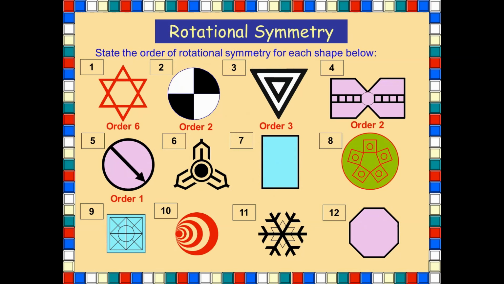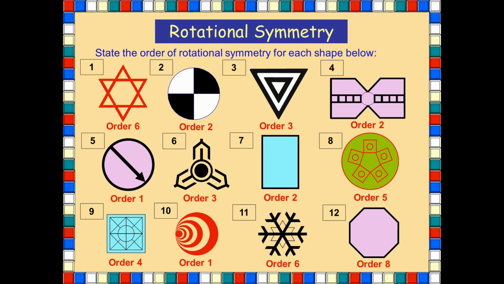Number 5, order 1. Number 6, order 3. Number 7, order 2. Number 8, order 5. Number 9, order 4. Number 10, order 1. Number 11, order 6. Number 12, order 8.